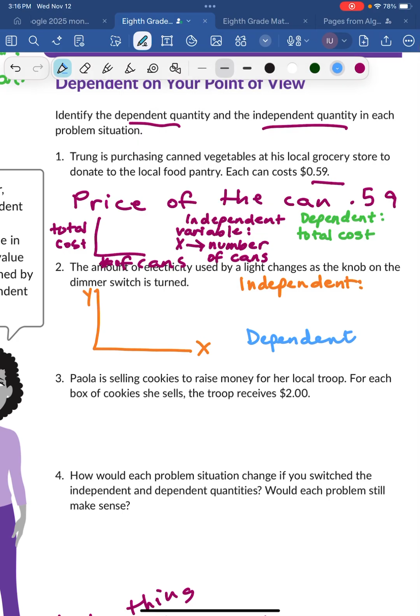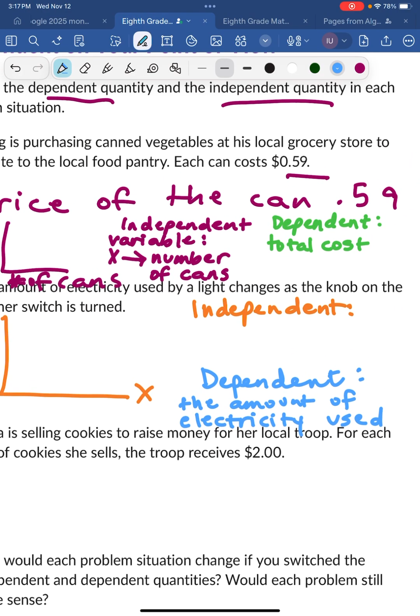So what depends on something else? The amount of electricity used. How do we know the amount of electricity used? How many turns we do on the dimmer switch? So that would be our independent variable.